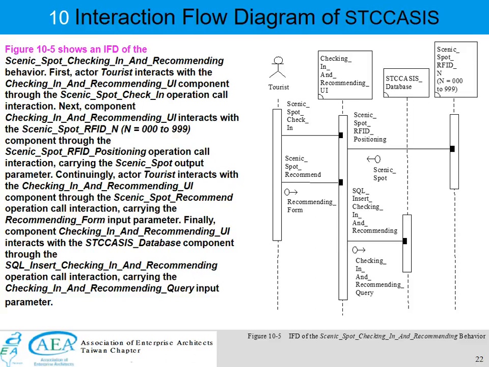The last one is an IFD of the scenic spot checking and recommending behavior. In this IFD, there are four interactions. The first one is the tourist actor interacting with the check-in and recommending UI. The second interaction is the check-in and recommending UI component interacting with the scenic spot RFID component to get the scenic spot.